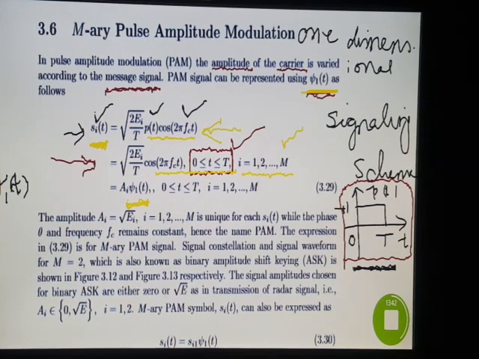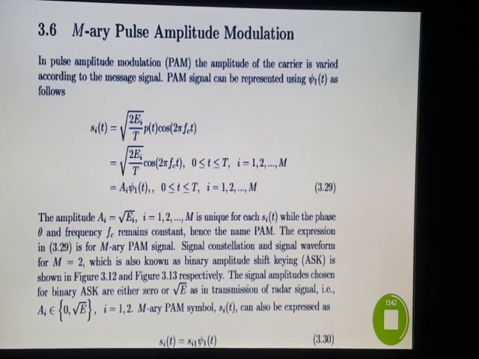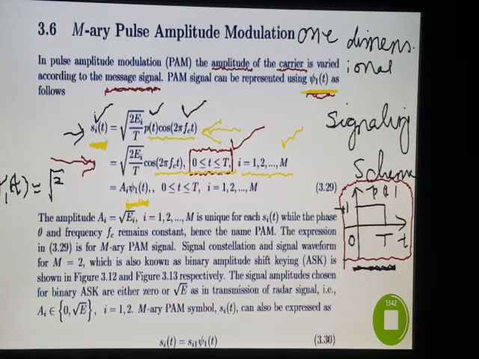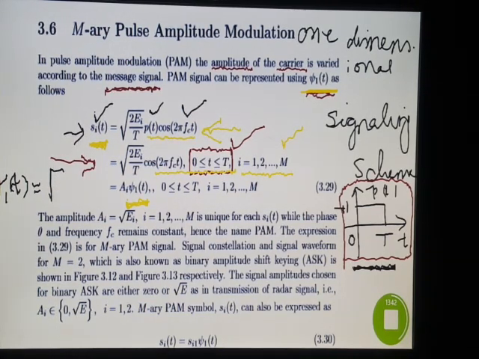If you recall from the previous lectures, your psi of t is the square root of 2 over T cos of omega_c t. So it is written as A_i times psi_1 of t.